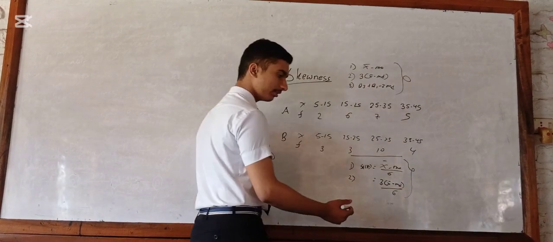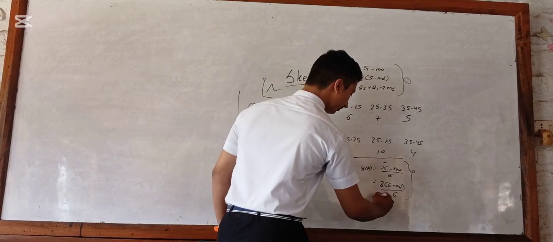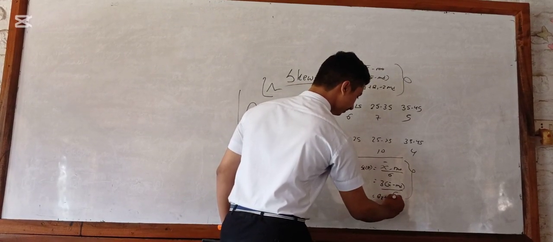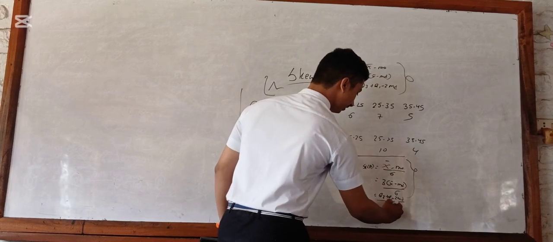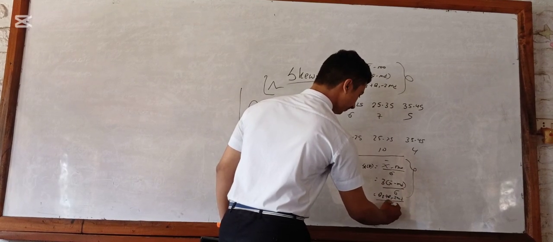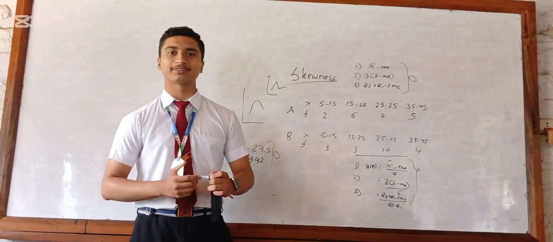And the third one, Bowley's coefficient of skewness, will be Q3 plus Q1 minus 2MD, that is median, upon Q3 minus Q1. So this is all about some basic introduction of skewness.